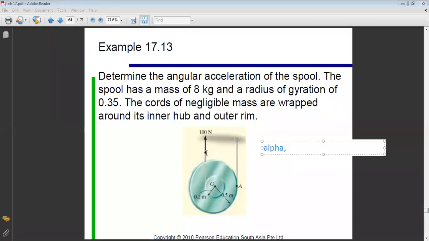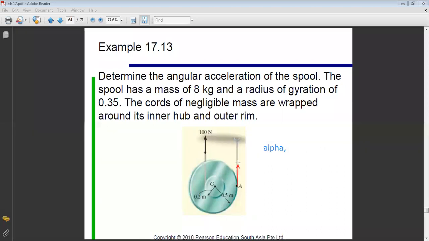Here it's the same cable, but because we don't know if we have slipping or not, then we can put the tension here at A, T_A.